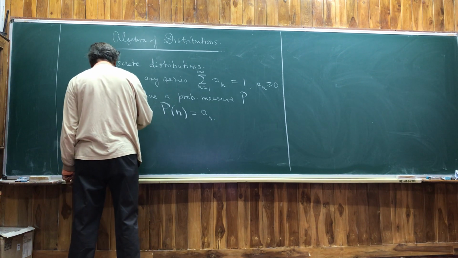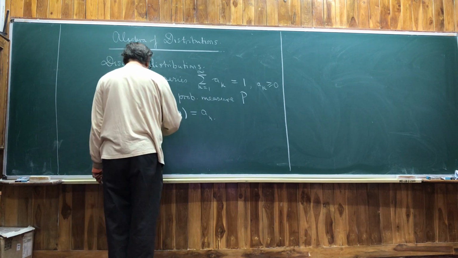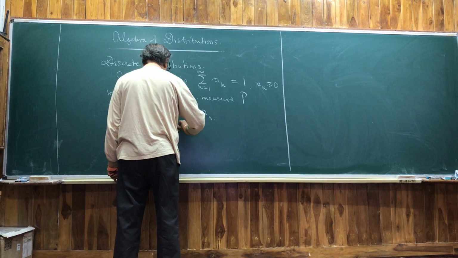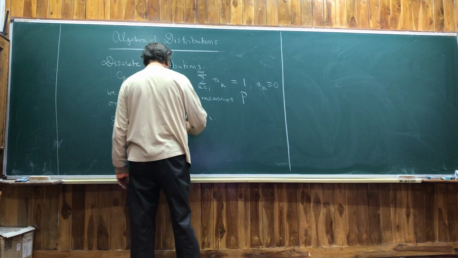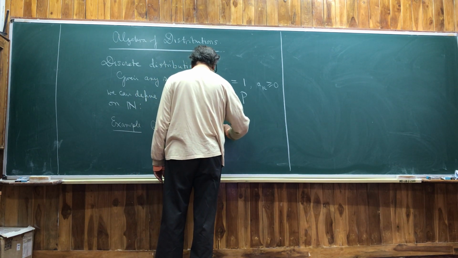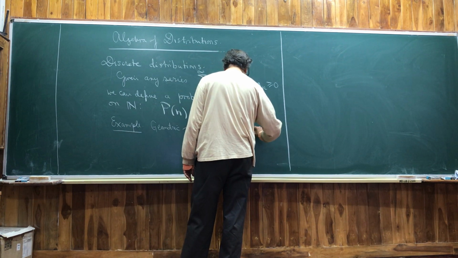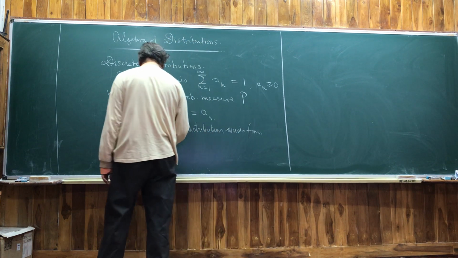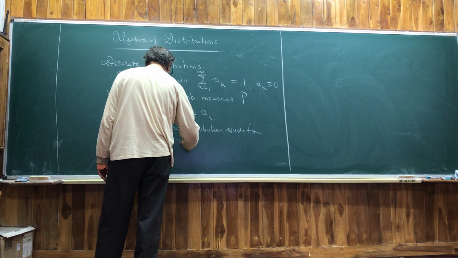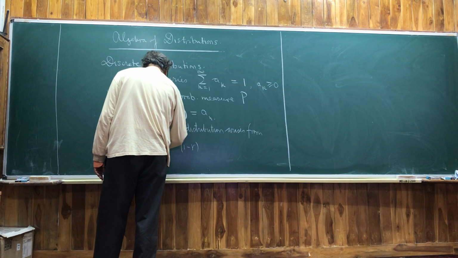Let me give one more example now, called the geometric distribution. And it comes from the geometric series, summation of r to the k minus 1, times 1 minus r, k going from 1 to infinity.